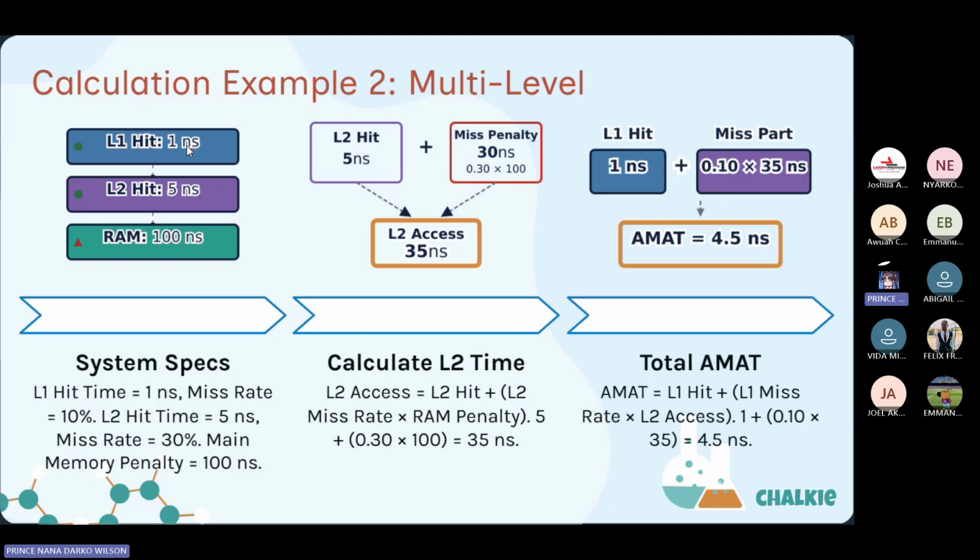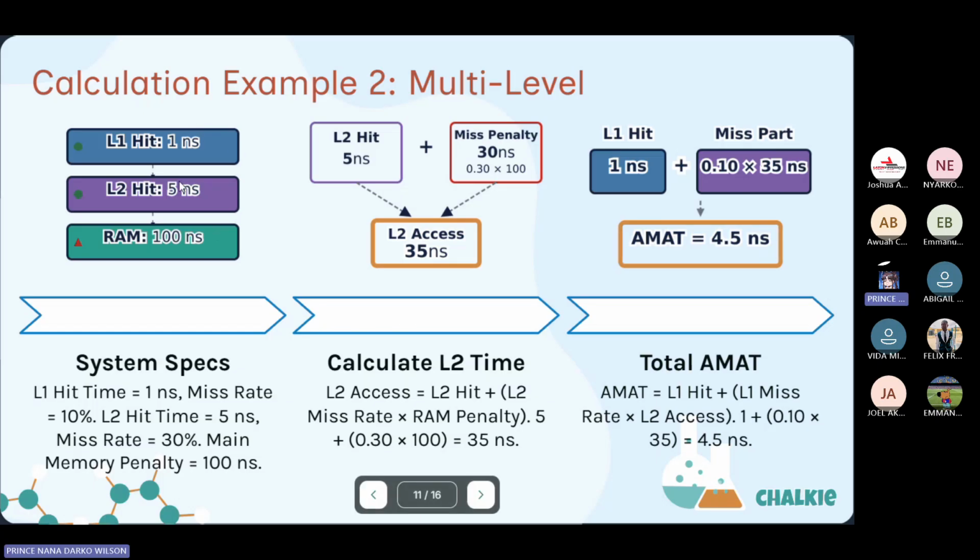However, in this question, we are considering access from level 1 as well as level 2 and even the RAM. Remember that level 1 and level 2, the cache memory, are considered as hits. In other words, it is convenient for the central processing unit when it retrieves data from the cache memory because it's faster and they are closer. However, the RAM, on the other hand, is considered as a penalty.